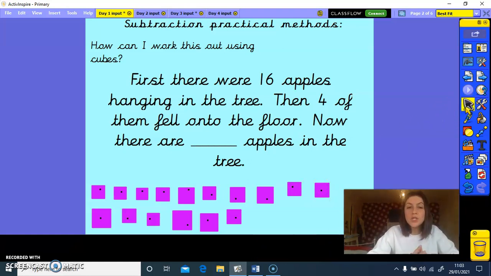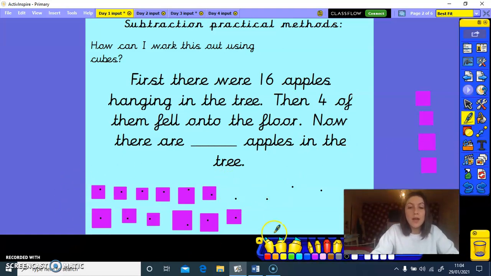Now, what could I do then to show that 4 have fallen to the floor? How could I use my cubes to work this out practically? I would take them away. So I've got 16 here hanging in the tree, and then 4 of them fell to the floor. So I'm just going to move 1, 2, 3, 4 away, and then I would recount these.